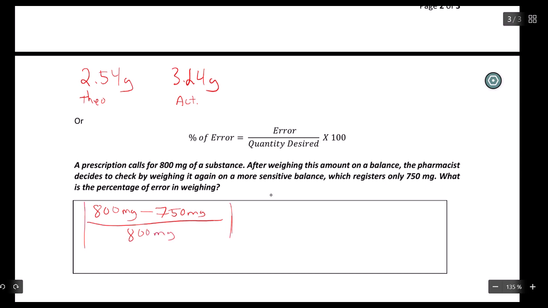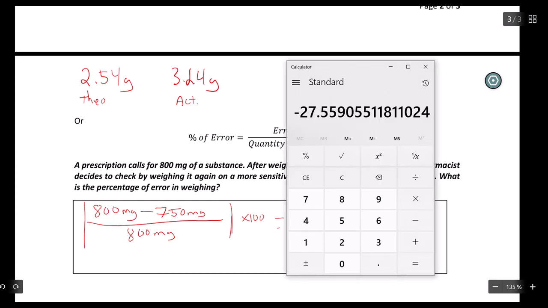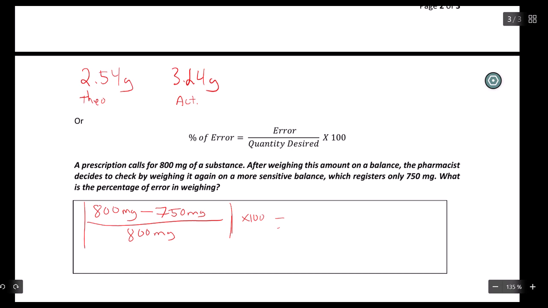If I take that absolute value, times it by 100, not 1,000, by 100, that'll give me my percent error. The top number is 800 minus 750, which is 50. The difference in the numerator is 50. Divide that by 800, multiply by 100, and I've got 6.25%. error. This is my error in weighing.